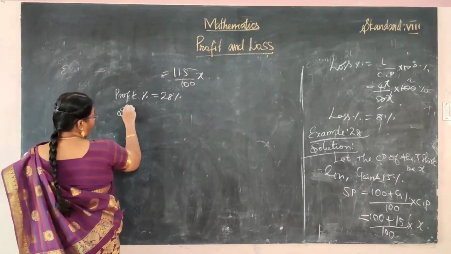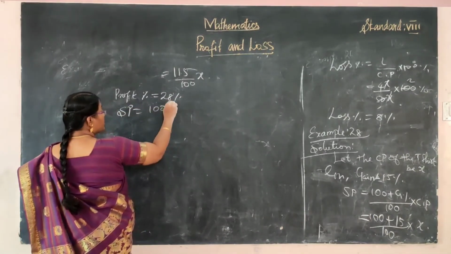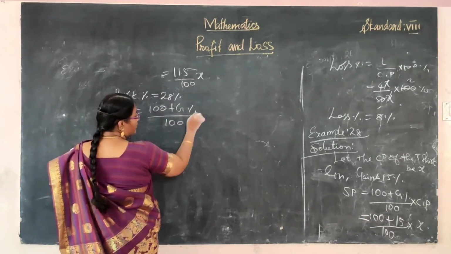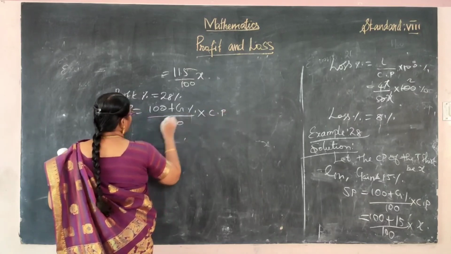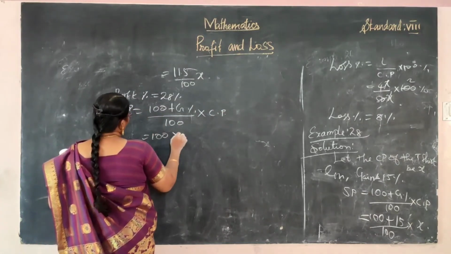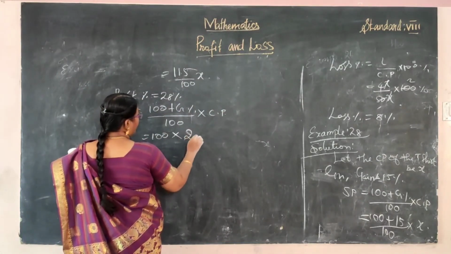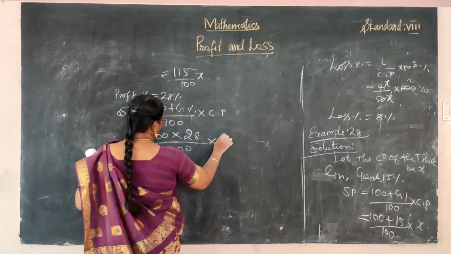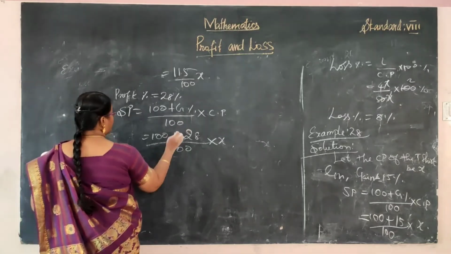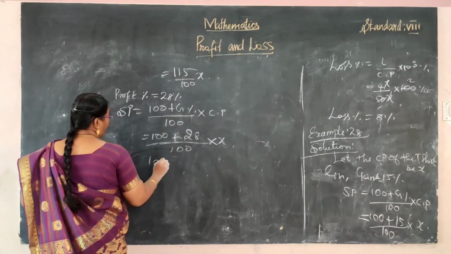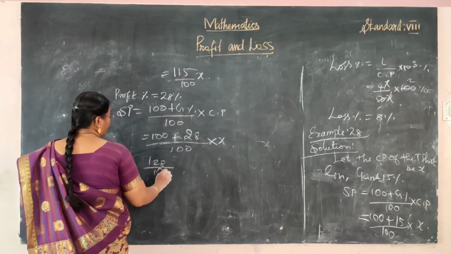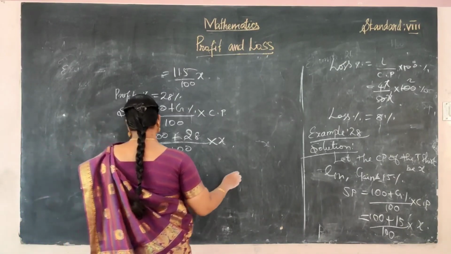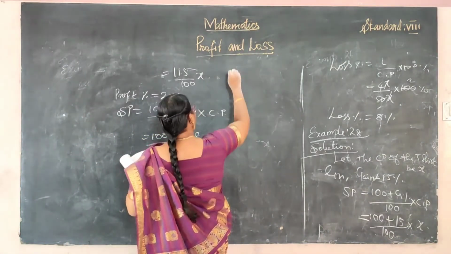So selling price is equal to 100 plus gain percentage by 100 into CP. So 100 plus 28 by 100 into x, so 128 by 100 into x.